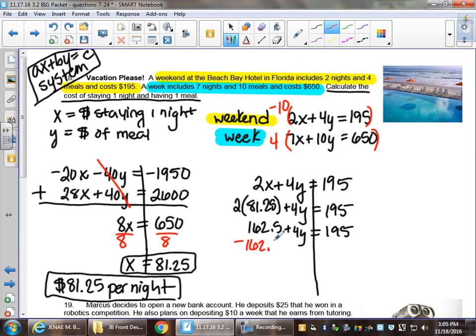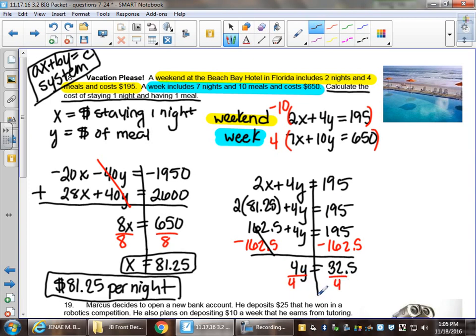Subtracting 162.5 from both sides, 195 minus 162.5 gets us 4y equals 32.5. We'll divide both sides by 4.